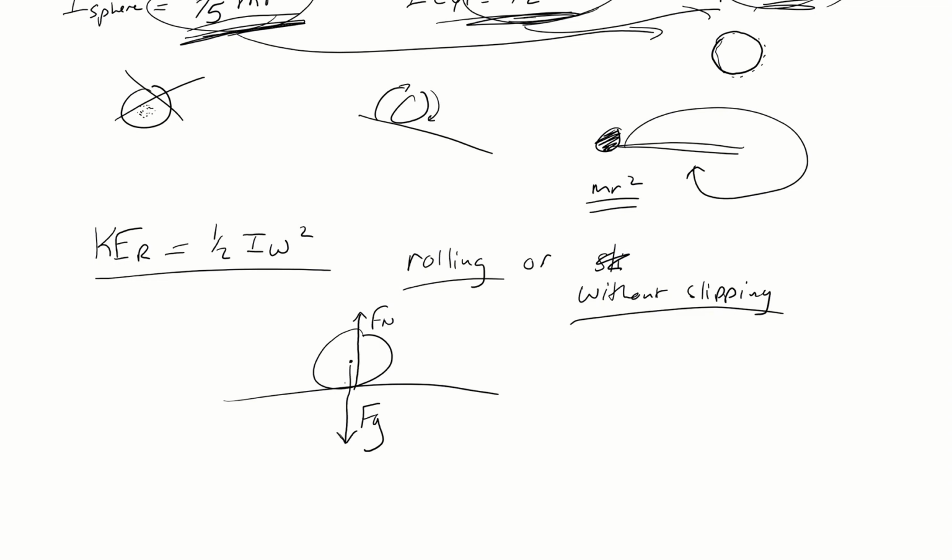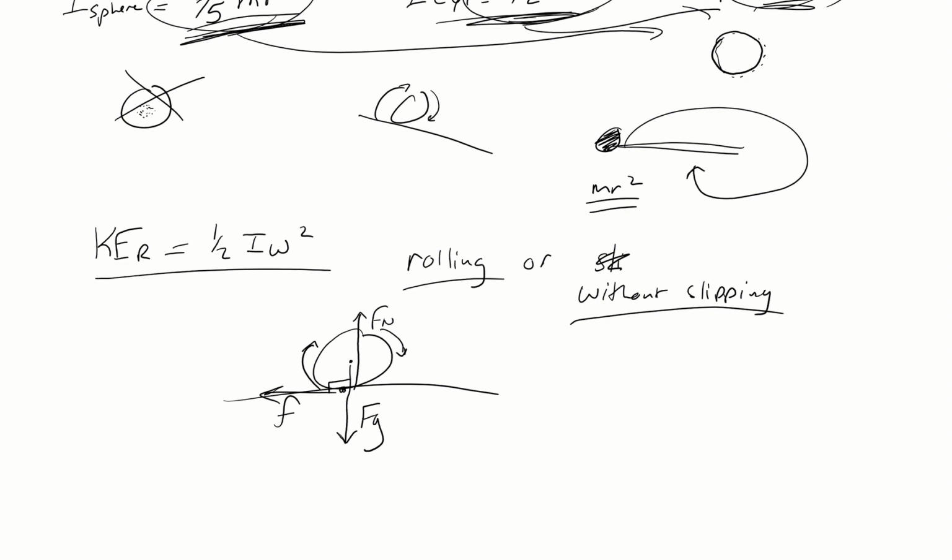Those two forces most of the time are equal and opposite, unless we're also pushing up or pulling up or pushing down on this object. So what force is causing it to roll? The key force that causes it to roll is actually friction. Friction is perpendicular to the radius, and therefore it's producing a torque, and therefore it is what's causing us to roll and to accelerate.